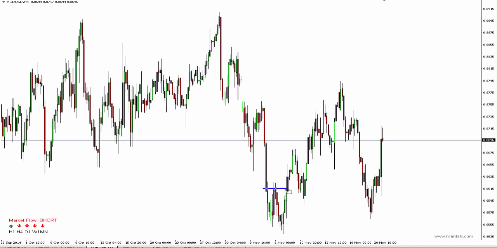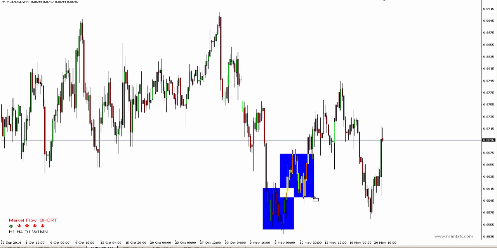As you can see, there was this consolidation right over here, then this other consolidation right over here. Price revisited the original consolidation.